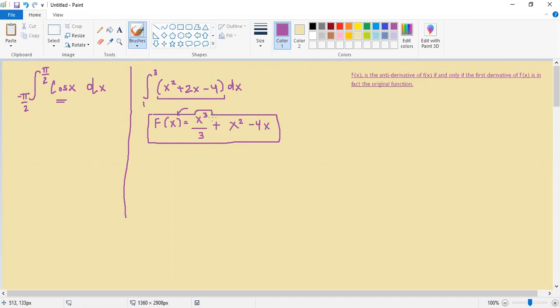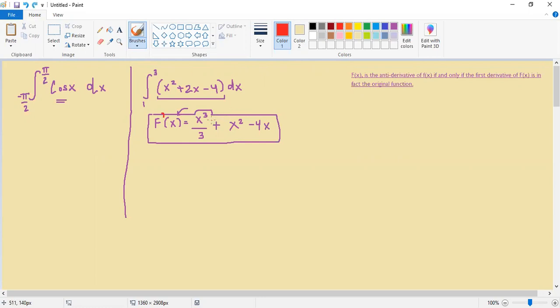And you can think of this as the antiderivative if and only if the first derivative of this, in other words, if I were to put a Lagrange notation here, leads me back to the original integrand, the original function that I was finding the antiderivative of.